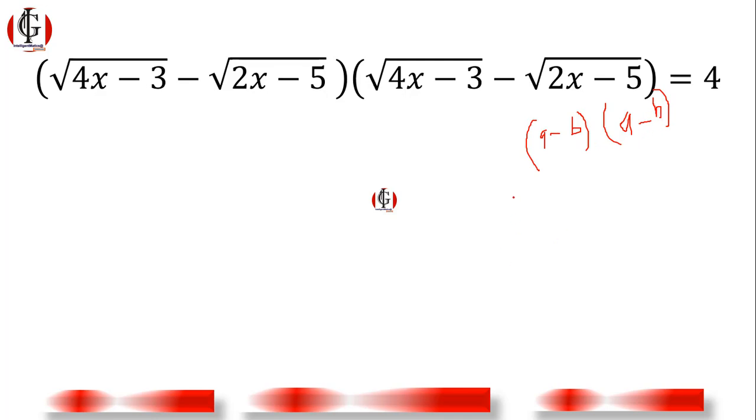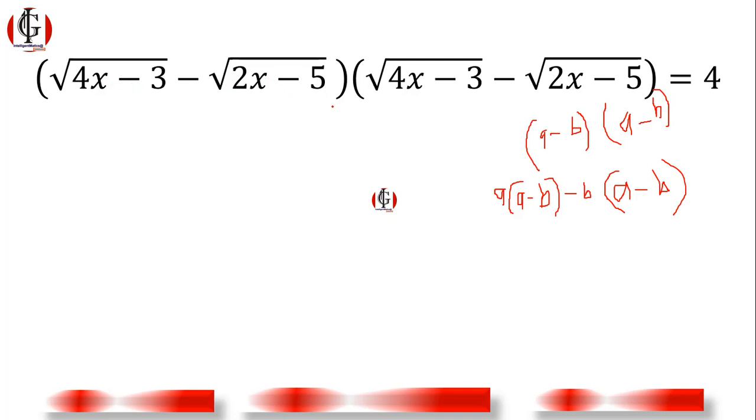So we have a times a minus b, and minus b times a minus b.